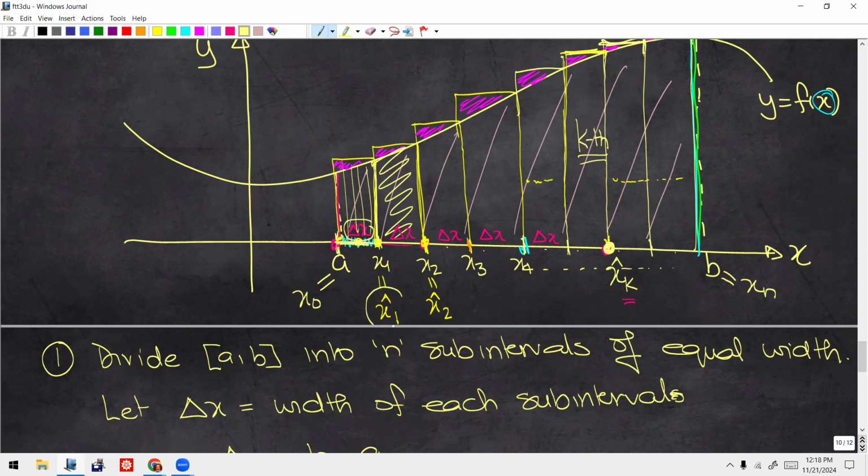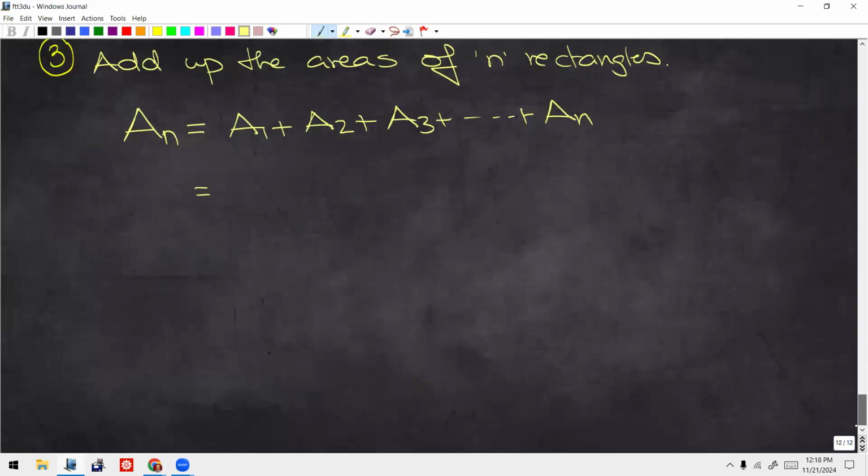And the height would be the height of the function at the evaluation point, right? So the area of the first one would be, I'm sorry, that's wrong. Length, which is f of x hat sub 1, times delta x. Why f of x hat sub 1? Because we find the height of the function at that evaluation point, correct? That'll give you the y value of the function. Do you guys follow?